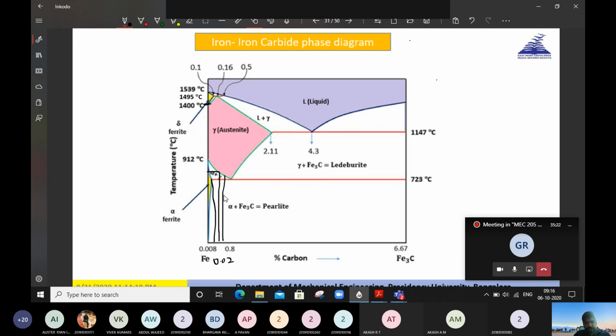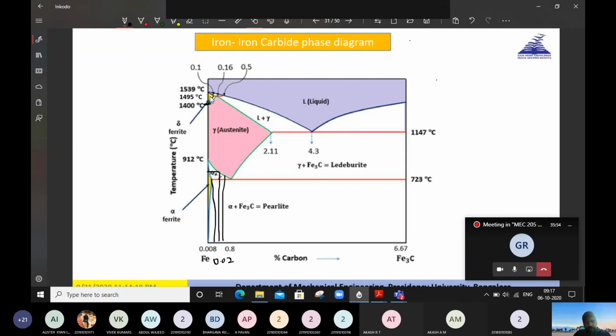So as you increase the percentage of carbon, the typical characteristics of 100% iron change. And for this delta iron, what is the maximum composition? Here it is written as 0.1. If you come down from this point, this is the 0.1 percent of carbon that delta iron can take.